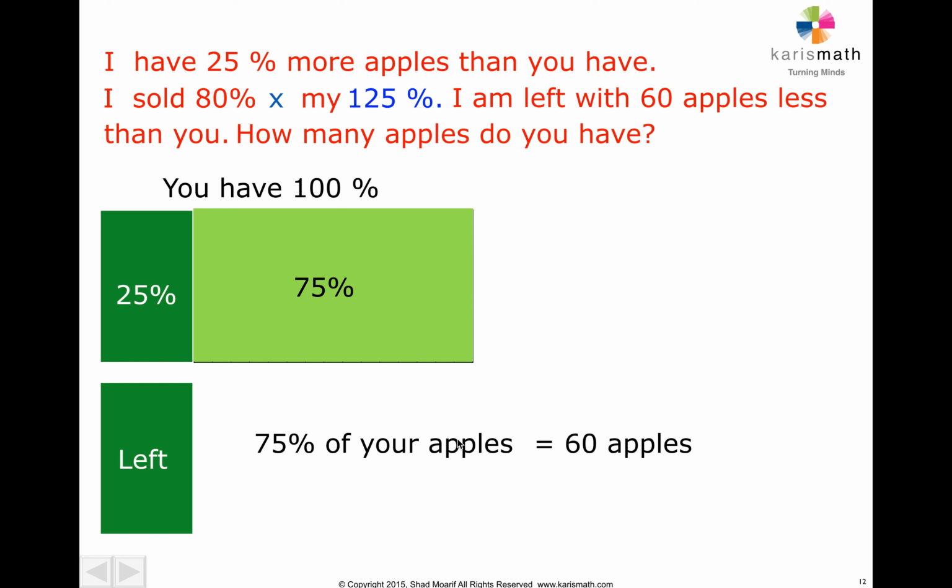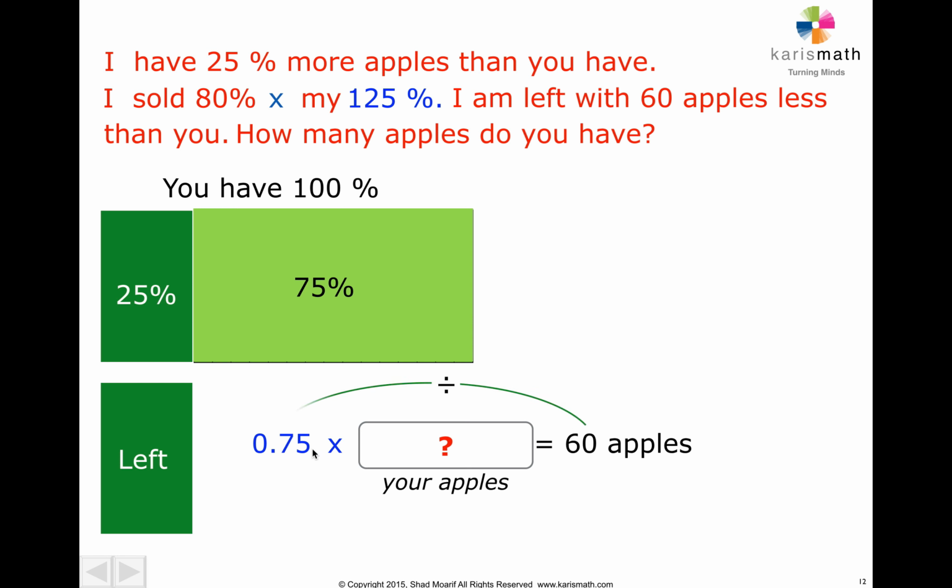Now, we can find out how many apples you have if we think about 75% as 0.75. You divide 60 by 0.75. And of course, you get the answer, which is 80 apples. So you have 80 apples. And that's the answer. That's the logic.